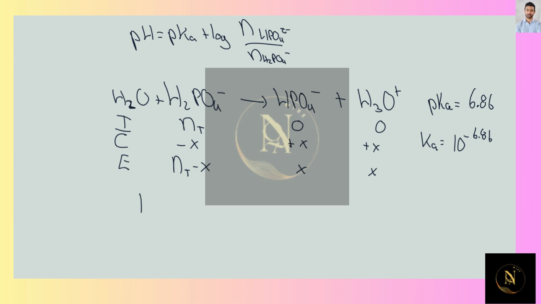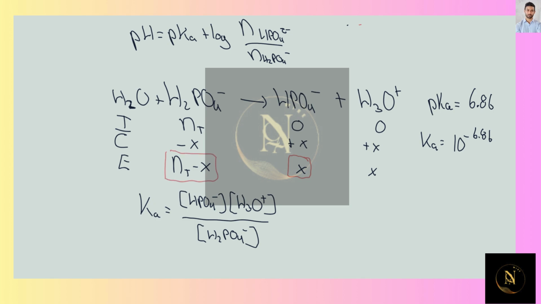We can write down the value for Ka is equal to the concentration of HPO4 2 minus times the concentration of H3O plus divided by the concentration of H2PO4 minus. But since we already have the Henderson-Hasselbalch equation, what we're going to do is replace these values of HPO4 2 minus and nT minus x into this equation over here.